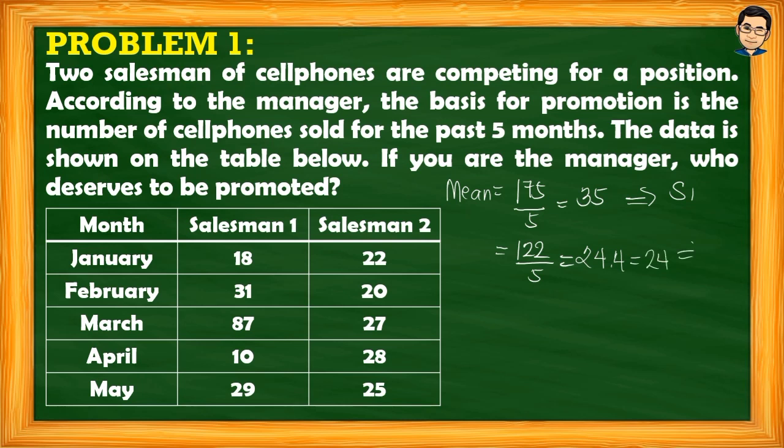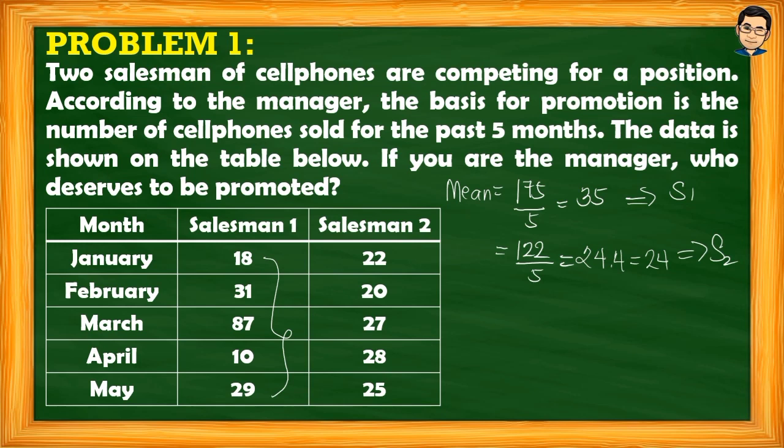Ito yung kay salesman 2. Sa tingin nyo ba yung mean yung appropriate, yung akma na gamitin? For this given problem, analyze natin yung mean or average number of cell phones sold ni salesman 1 is 35.